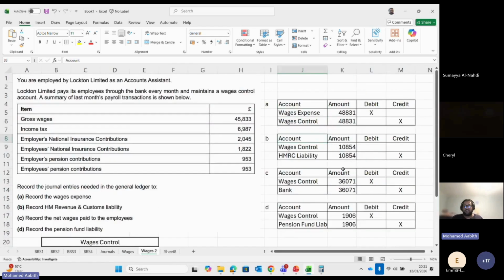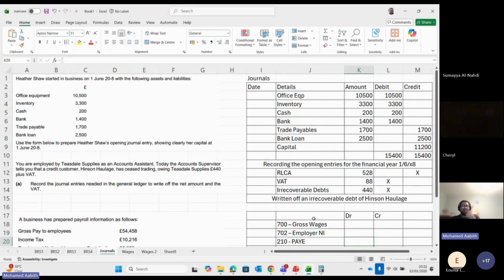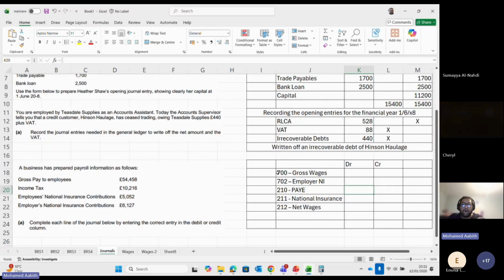Can you see here, we use the wages control account, but when it comes to the digital bookkeeping system, we use the nominal codes to identify which number they go under. This one has 700 codes or 7,000 codes. Here they have the 200 or 2,000 codes. The code 7 means these are expenses. Code 2, these will be either liabilities or the money you owe to your employees, meaning your net wages.